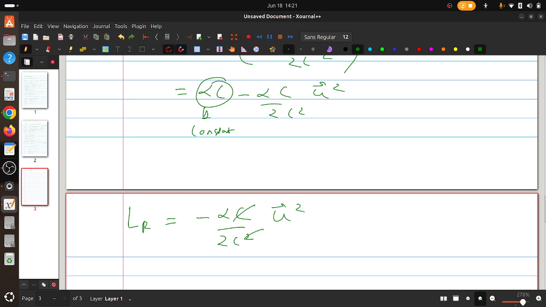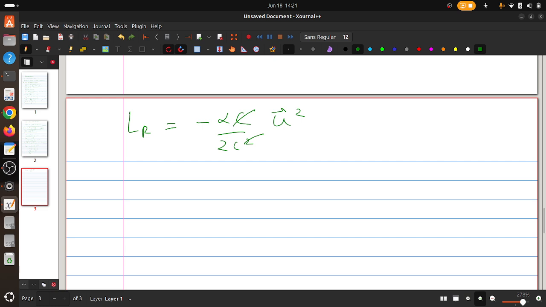Now it is very easy to see that if we compare, it should be half m u square, and in here it is minus 1 by 2 alpha by c times u square. So now you can identify that alpha should be equal to minus mc.